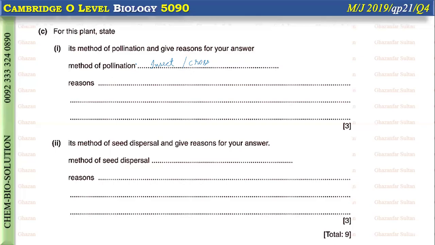And secondly, why we are considering that it is insect pollinated. As I told you, petals are large, petals are there to attract insect.